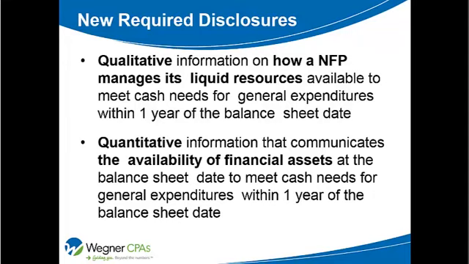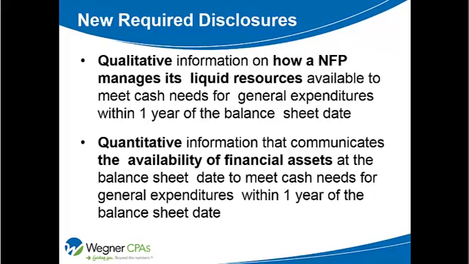The second part is quantitative, and this is talking about the availability of your financial assets. So this one, we look at the balance sheet as of the balance sheet date, and we determine which financial assets are available today to pay those general expenditures in the next year. So this would be looking at your balance sheet and saying, okay, we have X amount of cash.